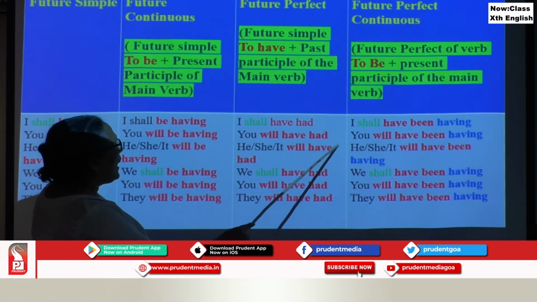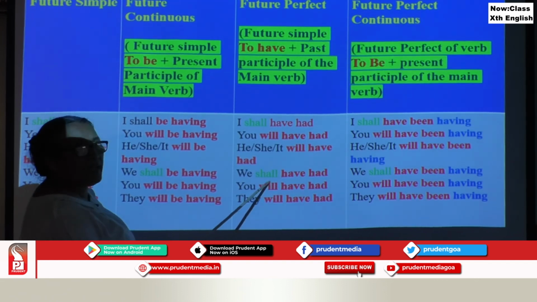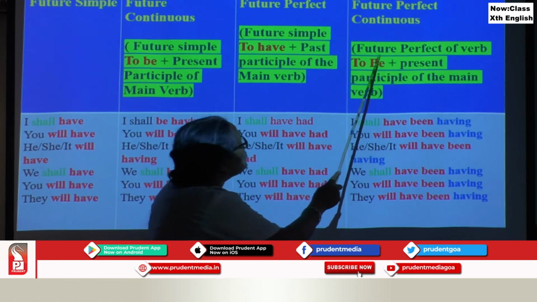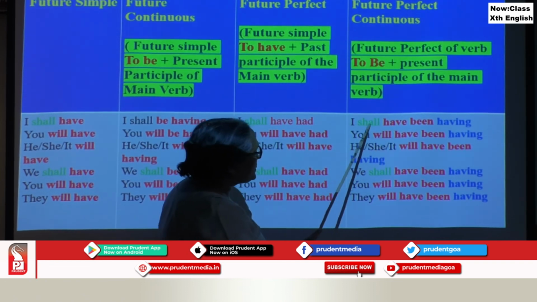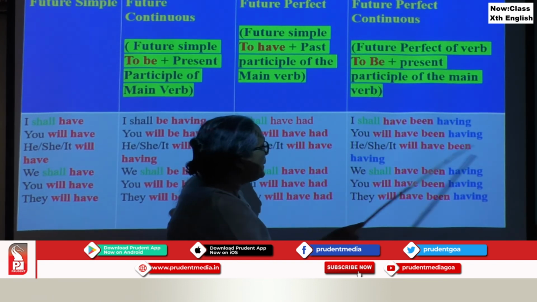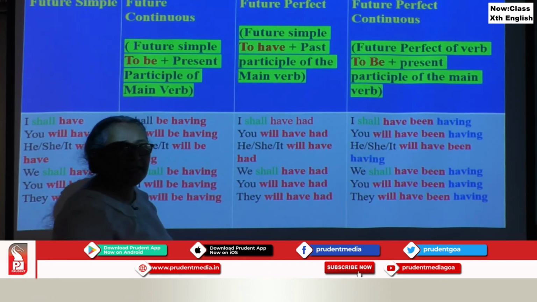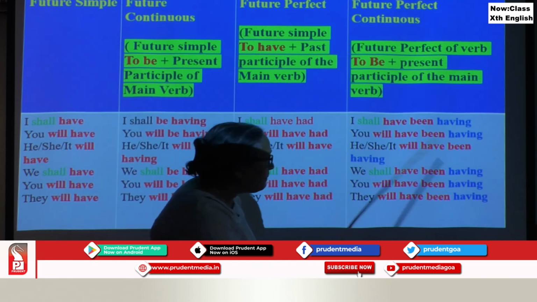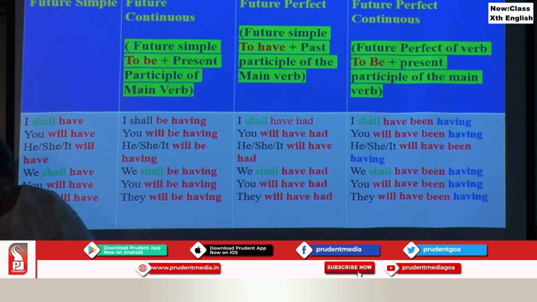You will have had. He, she, it will have had. Future perfect continuous, you will have future perfect of verb to be. I shall have been plus having. You will have been having. He, she, it will have been having. We shall have been having. You will have been having. They will have been having.